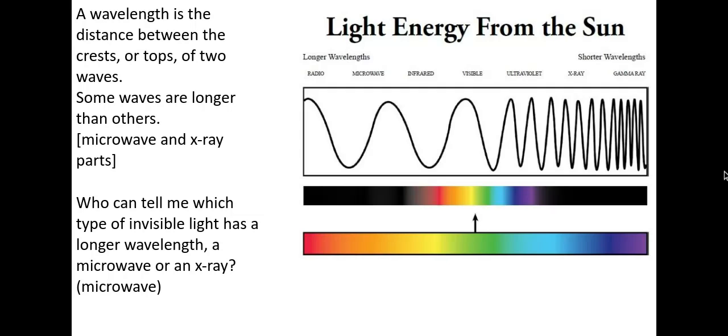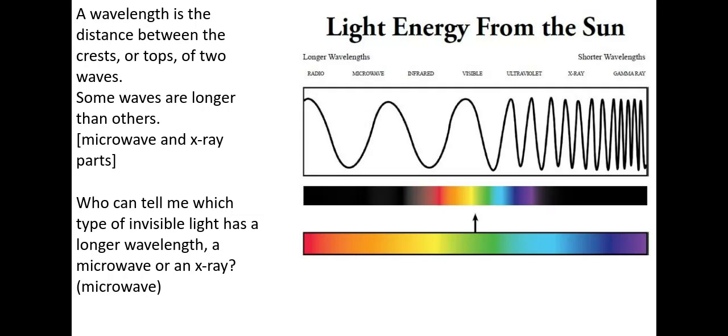So, a wavelength is the distance between the crest or tops of two waves. Some waves are longer than others. If you look at this diagram right here, you can see that the wavelength for radio, microwave, and infrared is longer. You start at the crest and go to the other crest, and that's the wavelength, the distance between the two.